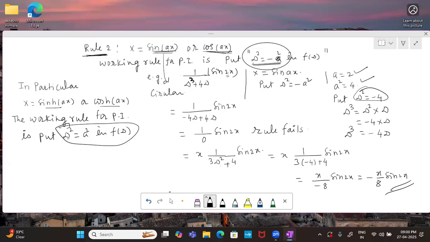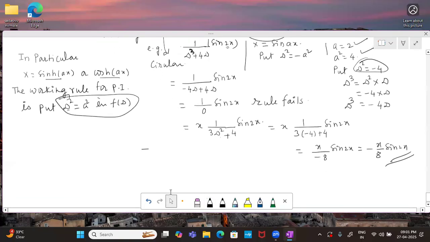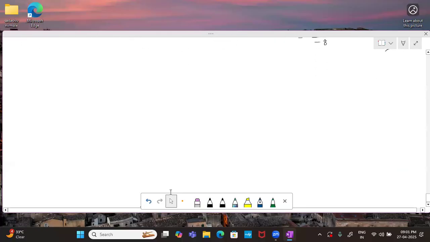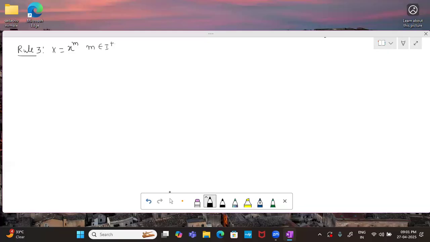And now we will see rule number 3. Capital X is x raised to m, where m belongs to the set of positive integers. And this function is called a polynomial function. M must be a positive integer.